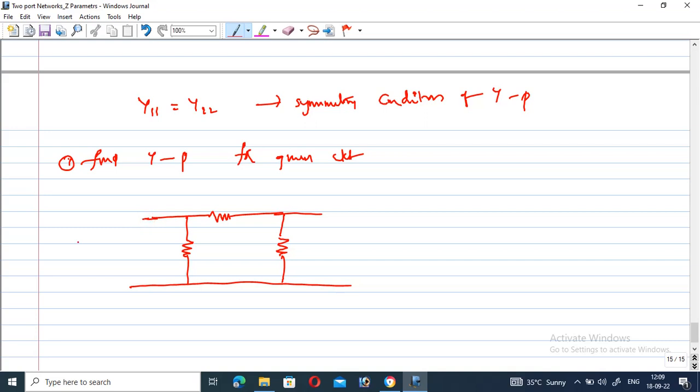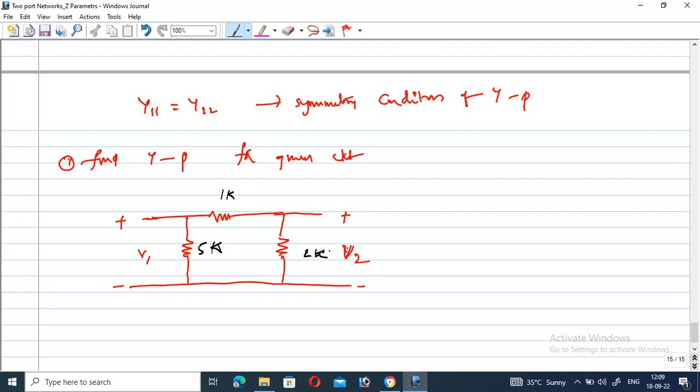Actually, in case of the y parameters, voltages are the driving ports, right? So plus minus, this port can be treated as V1, and this as V2. The resistances of the corresponding terminals are 1K, 2K, and a 5 kilo ohm resistance.